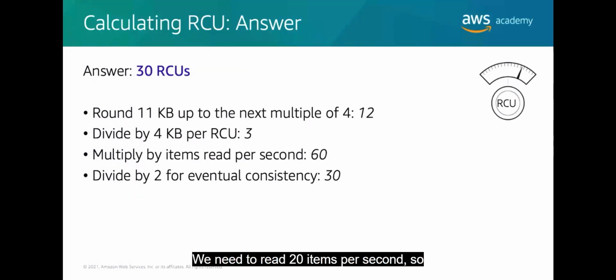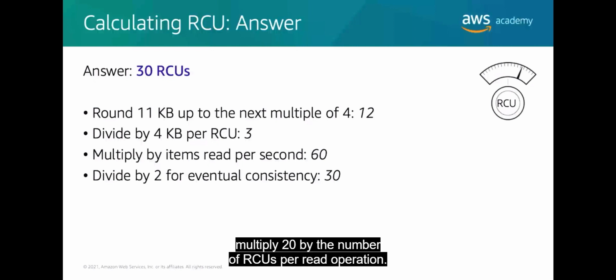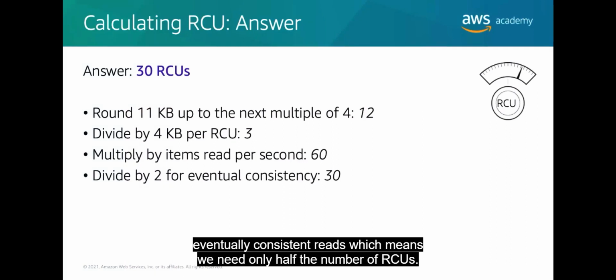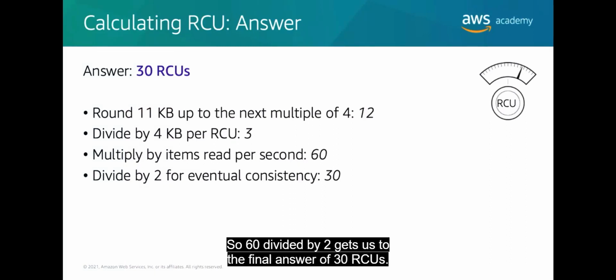We need to read 20 items per second, so multiply 20 by the number of RCUs per read operation. This results in a total of 60 RCUs. However, the scenario asks for eventually consistent reads, which means we need only half the number of RCUs. So 60 divided by 2 gets us to the final answer of 30 RCUs.